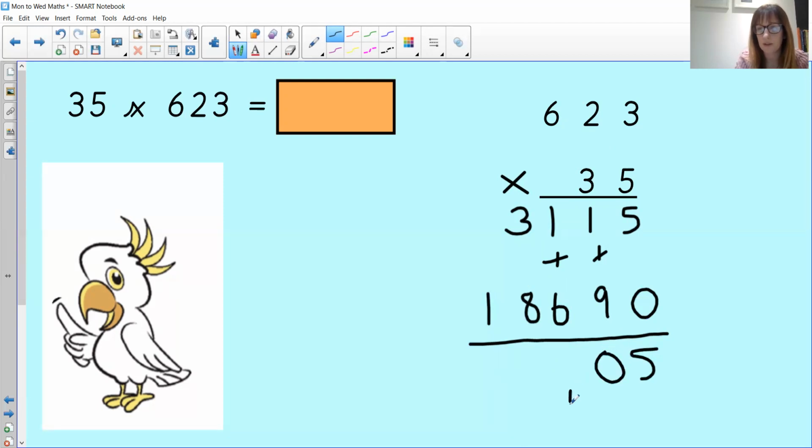So I need to regroup. So we've got an extra 100 now. So we've got 1 add 6 is 7. Add the 1 is 8. 8 add 3 is 11. And then we've got a 1 here and an extra 1 here, which gives me 2.